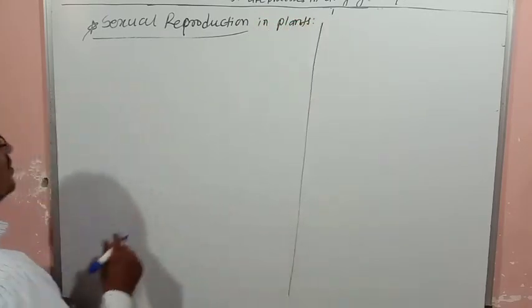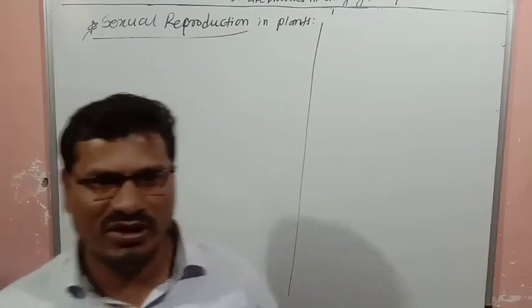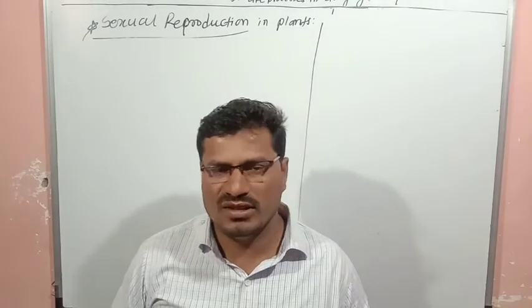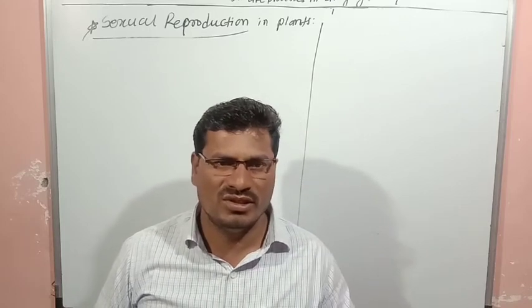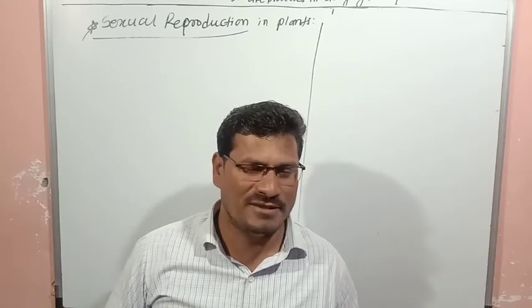All of you know plants are autotrophic in nature. They can synthesize their own food. They have chlorophyll, so photosynthesis occurs in plants.